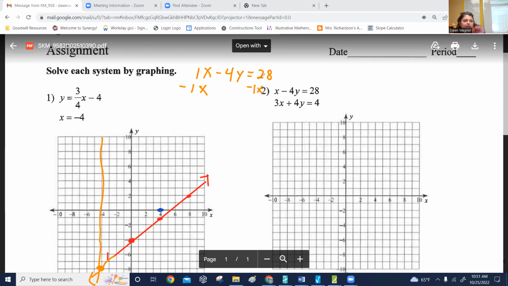Now, 28 and a negative 1x, those you can't combine together. So you just rewrite it by placing the negative 1x first, and then you'll put plus 28. Now you're going to divide by negative 4 all the way across.